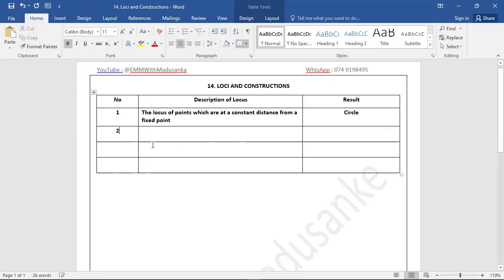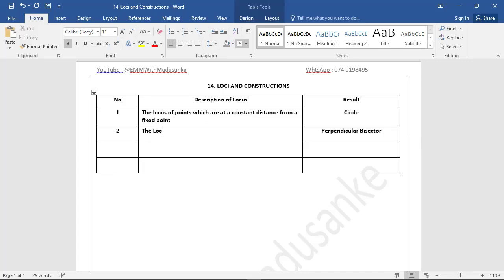Second one, we are going to learn about perpendicular bisect. Right? The result is perpendicular bisect. So what is the description of this locus? The locus of points which are equidistant from two fixed points. Right? So I will explain these things step by step. Right? Let's write them.